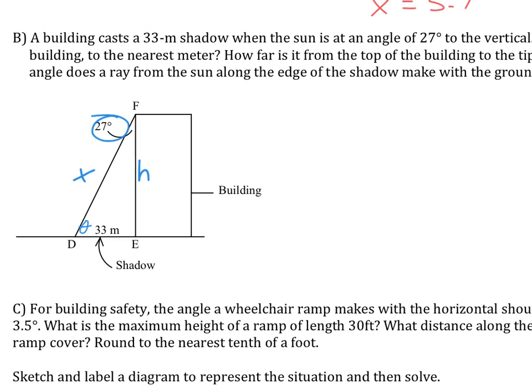because this has to be a 90-degree angle because it's straight up and down, because that's how we build buildings. So if the top angle is 27, 27 plus angle D has to equal 90. So if we subtract 27 from both sides, angle D has to equal 63 degrees.